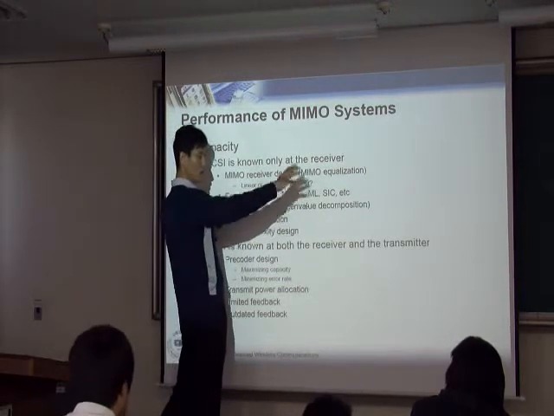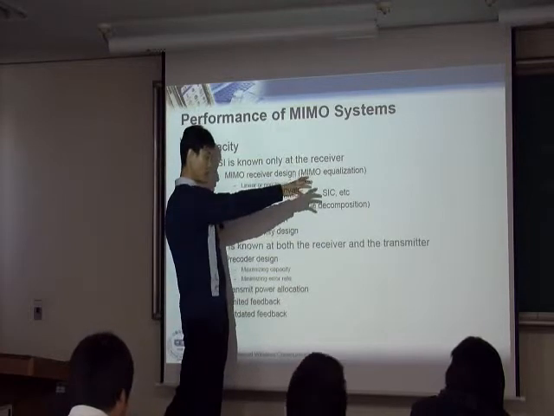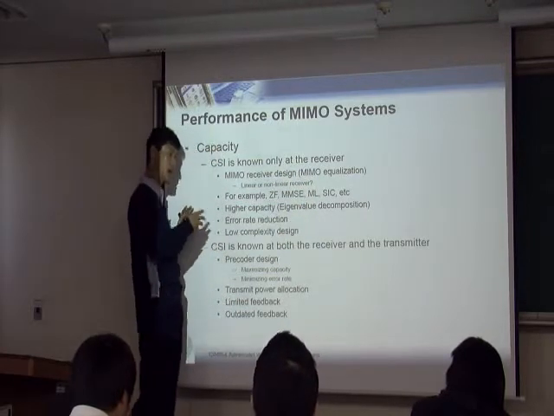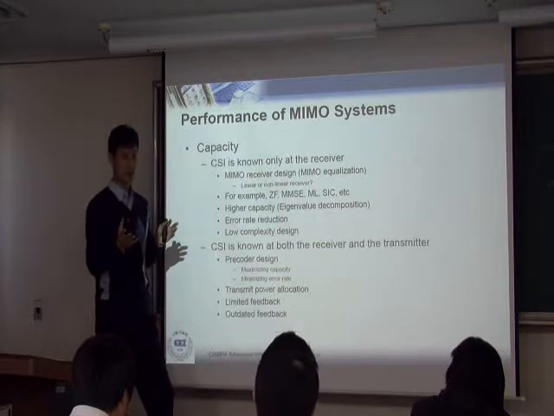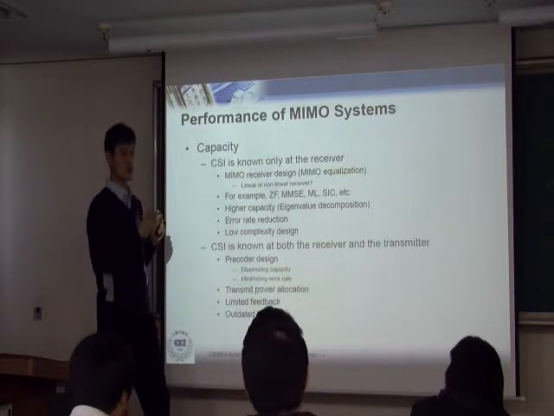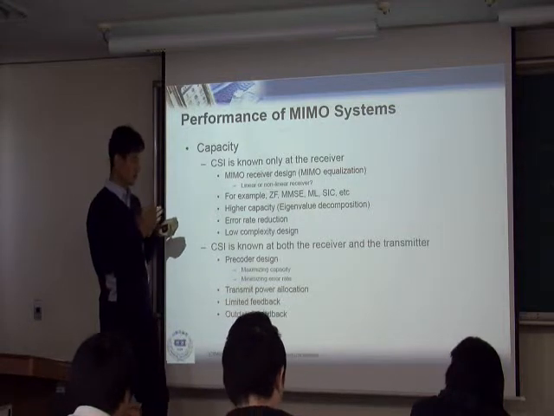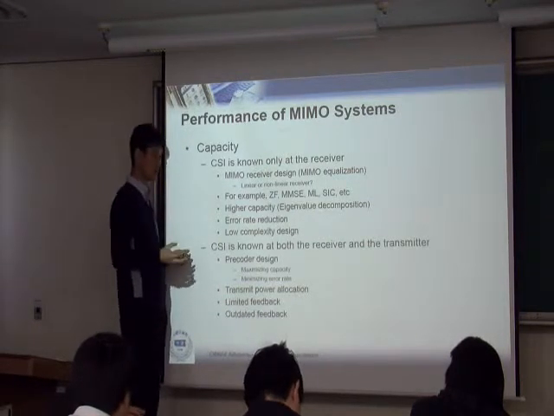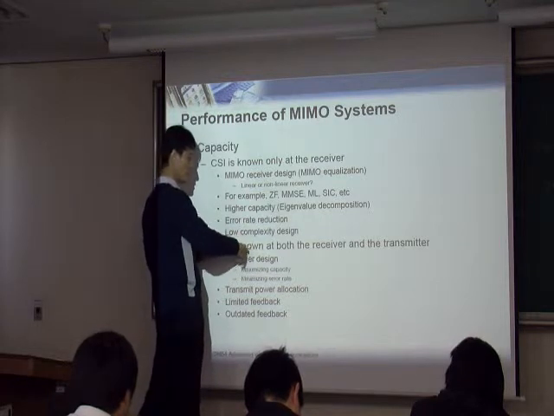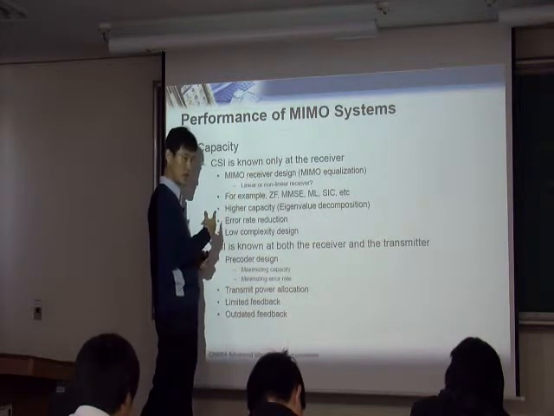So if the receiver wants to feed back the CSI, that's going to be a big overhead, because typically the feedback channel is a very narrow band channel. Very narrow. So you don't have a lot of resources to transmit such information over the feedback channel.